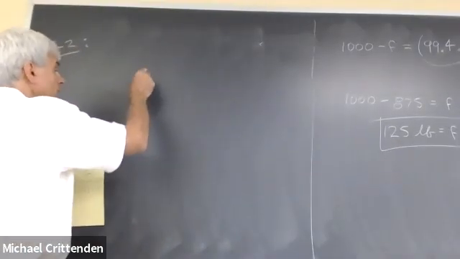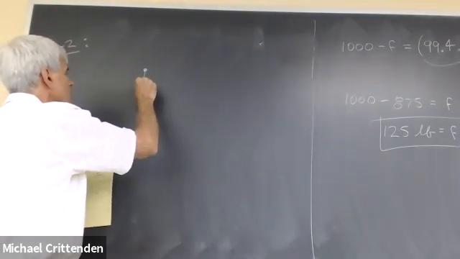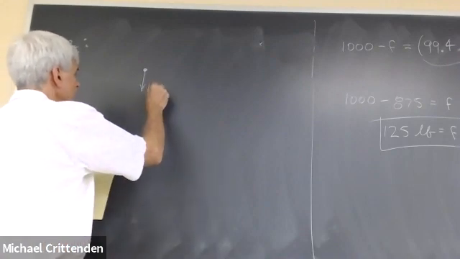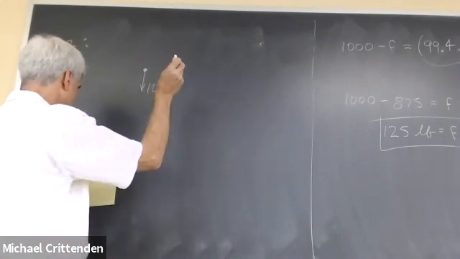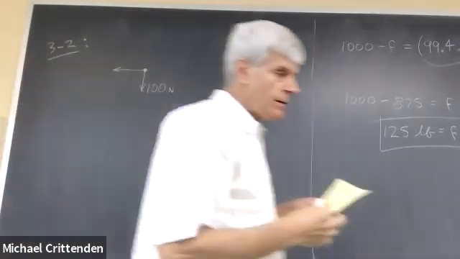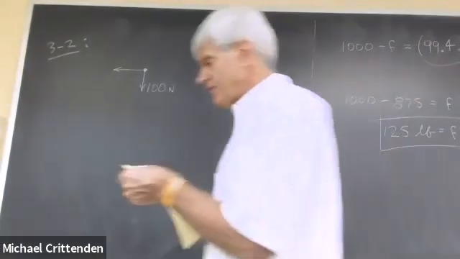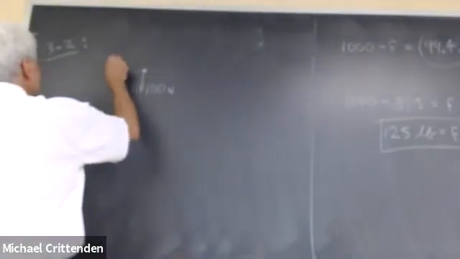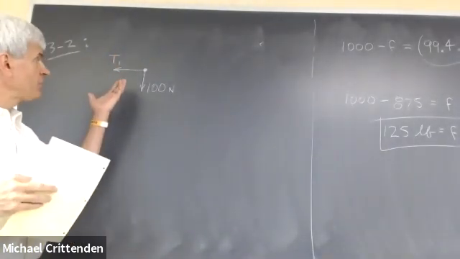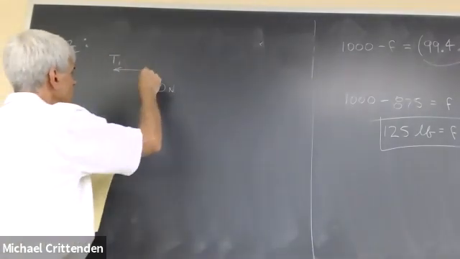And there are three forces acting on it. Pulling downward would be 100 newtons. Going straight to the left, the tension. You can name these anything you want. I mean, it's just a name. I used T for tension, and then a subscript for rope number 1.